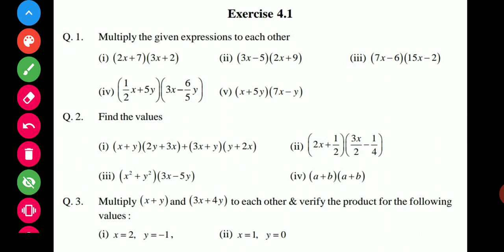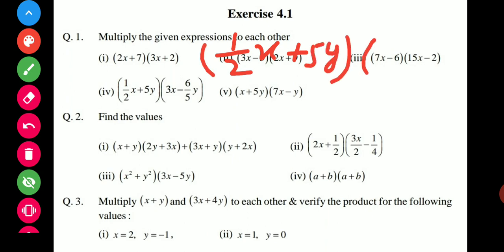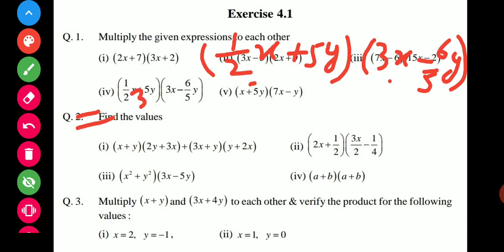Now you can do the third, fourth part. I will do your fourth part. So how to do the fourth part? It is 1 by 2 of x plus 5y, and second one is 3x minus 6 upon 5y. How to do? This 1 by 2 multiplied to this, so it becomes 3 by 2 of x square.